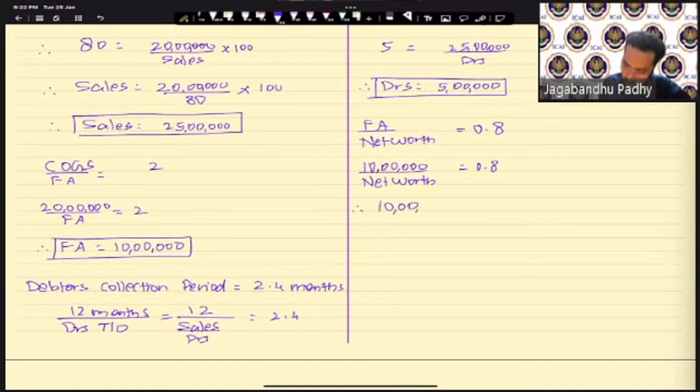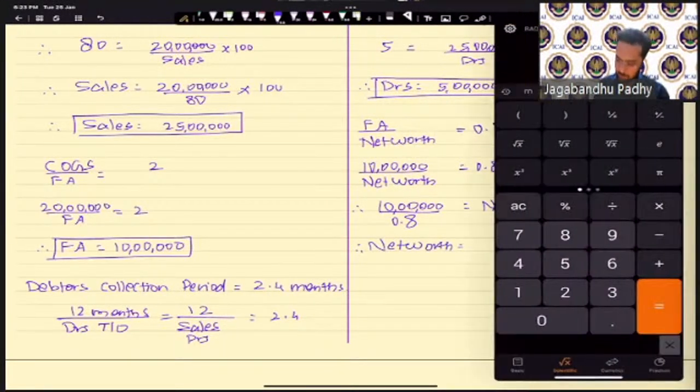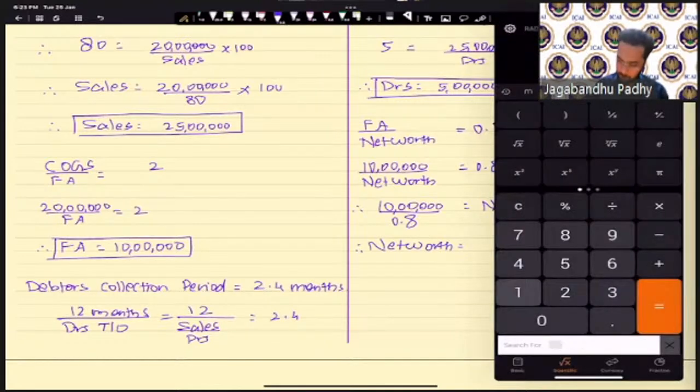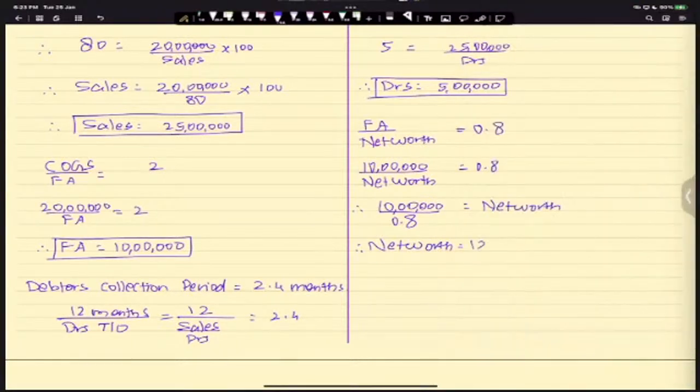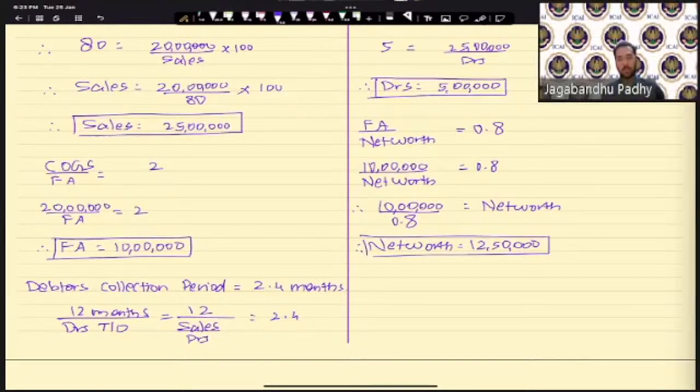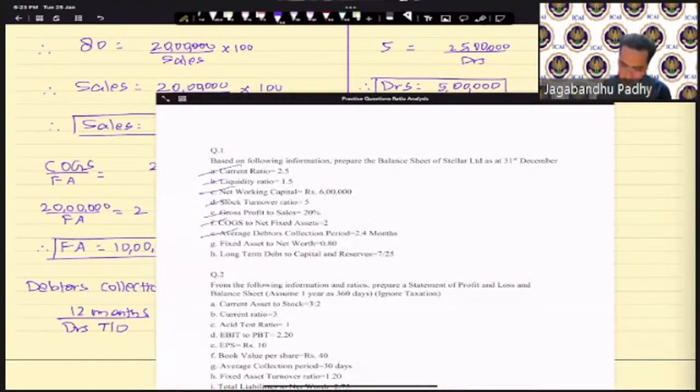Therefore, 10 lakh divided by 0.8 is net worth. So the net worth will be 10 lakh divided by 0.8, that's 12 lakh 50,000. So we get the net worth figure to be 12.5 lakh. Okay, that's great. Fixed asset to net worth is used, guys.